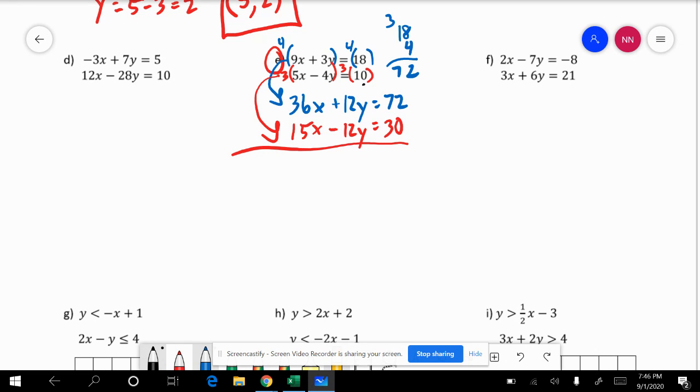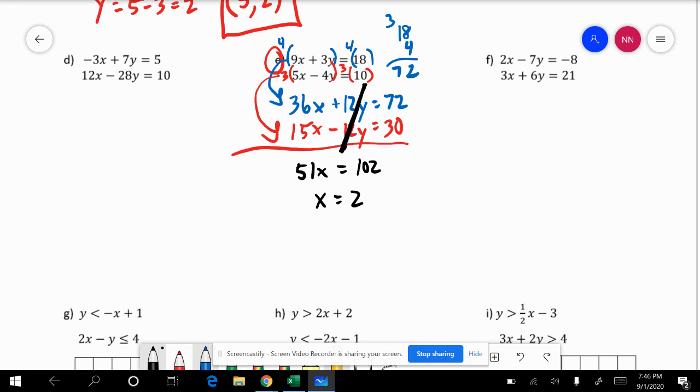Now, since I have opposites, whenever I add opposites, they eliminate. That's why it's called elimination. And now I only have one variable. So I add the 36 and the 15, and that gives me 51. And the 72 and the 30, which gives me 102. When I divide it by 51, I get 2.